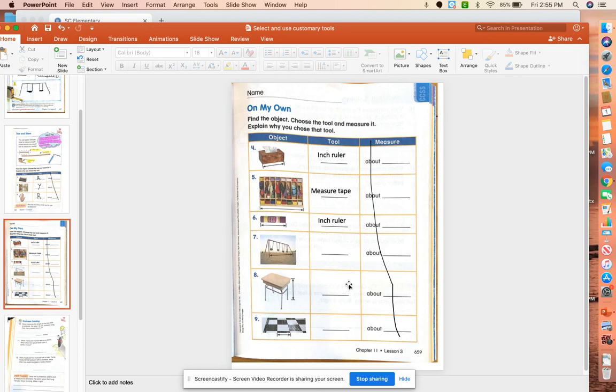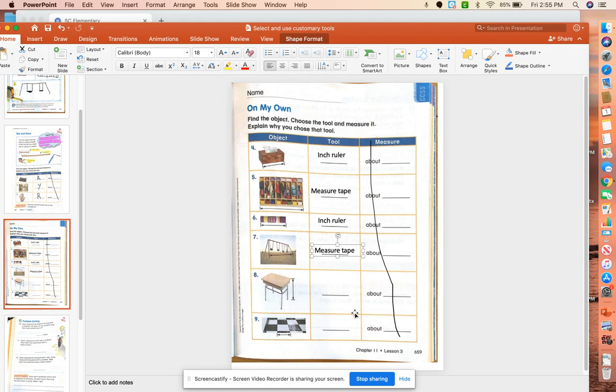On number 7, oh, I already did that one. And what did we choose? A swing set. A swing set is going to be the measuring tape. What about how tall your desk is?